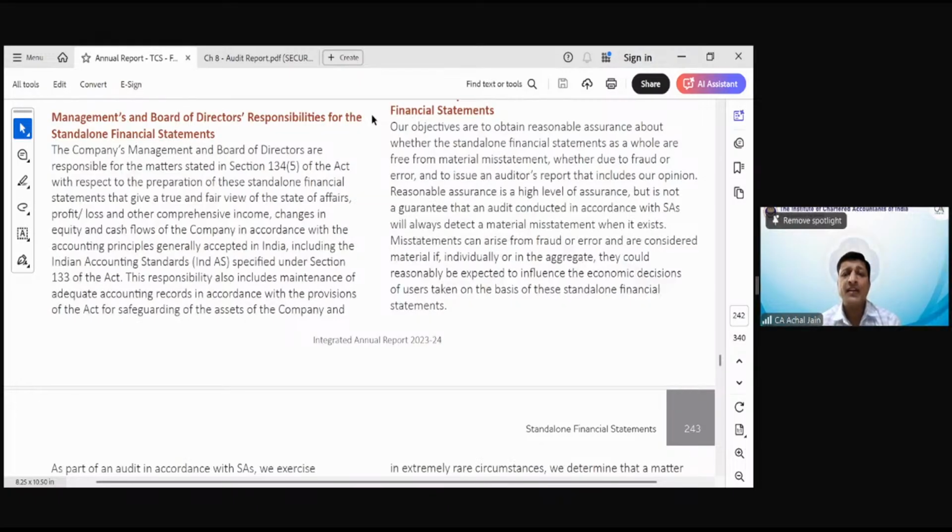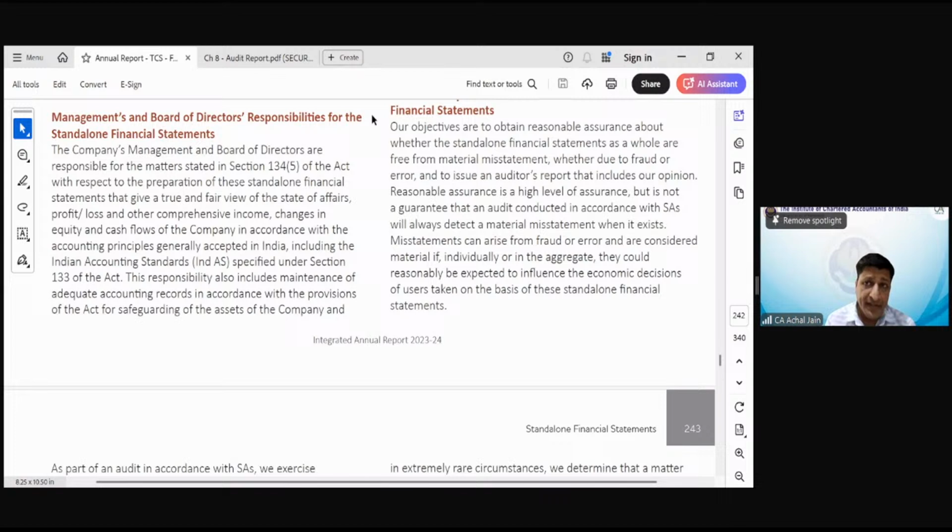That's why it's important to highlight, specify, and detail it out. In fact, in this section, you'll see that everything around the management's responsibilities is laid out in a very clear manner. So let's try to understand what all the responsibilities of the management and board of directors are and how the auditor is explaining that.